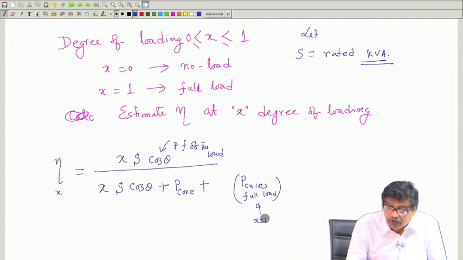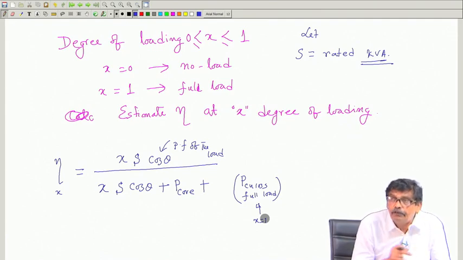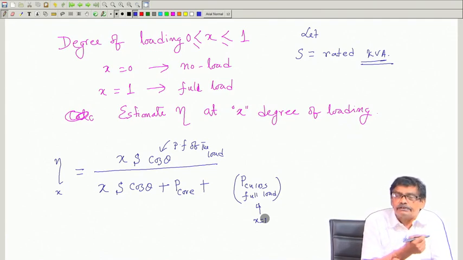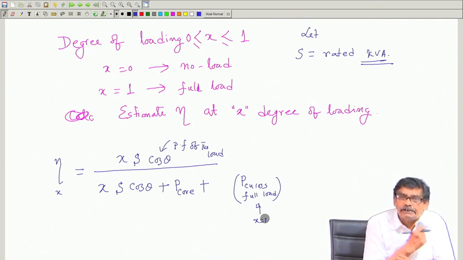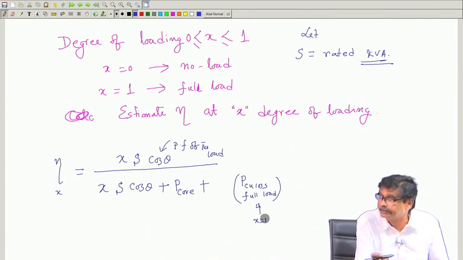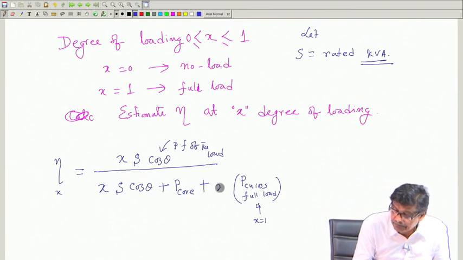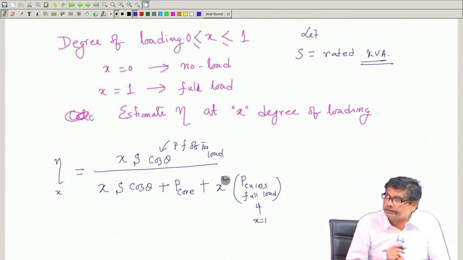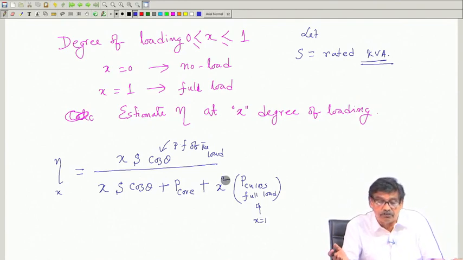So, what will be the copper loss at x degree of loading? We have just discussed: if it is 50% loaded, then 1/4 into this. So, x is a fraction and the full load copper loss must be multiplied by x squared. This is the expression for the efficiency of a transformer.